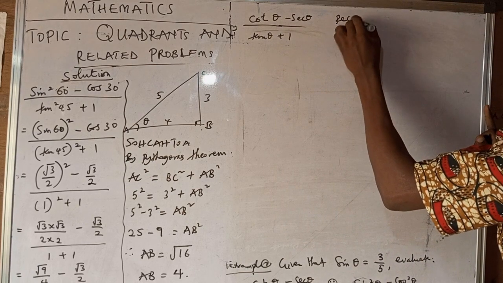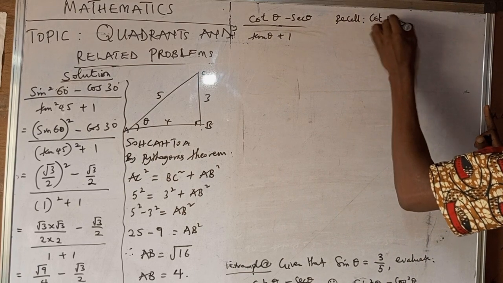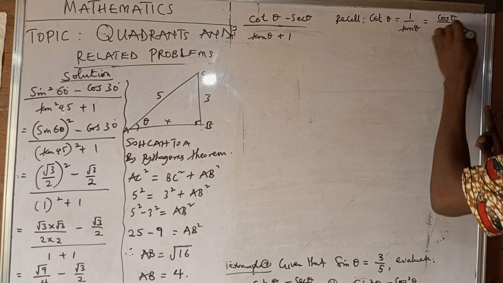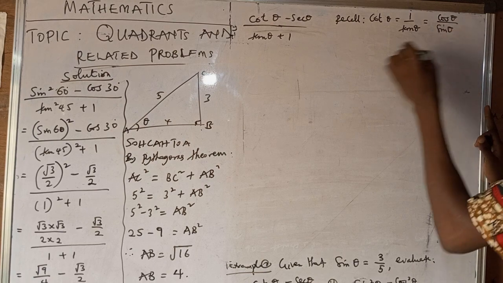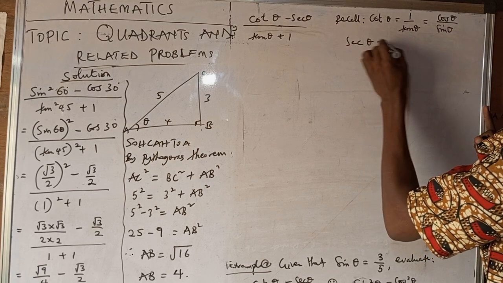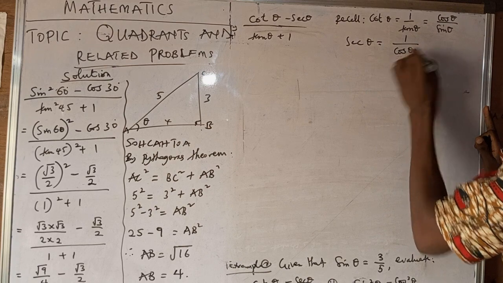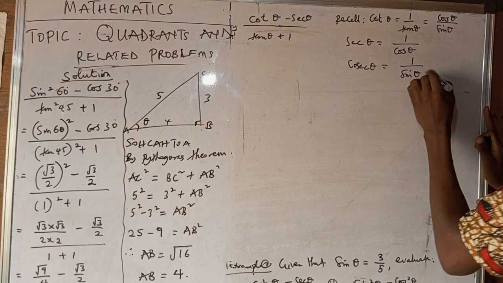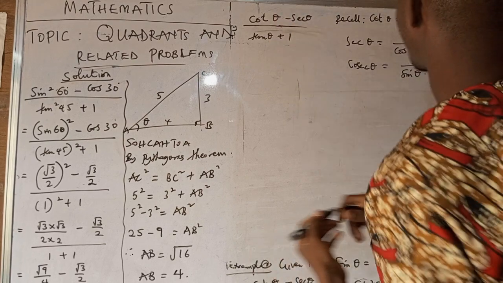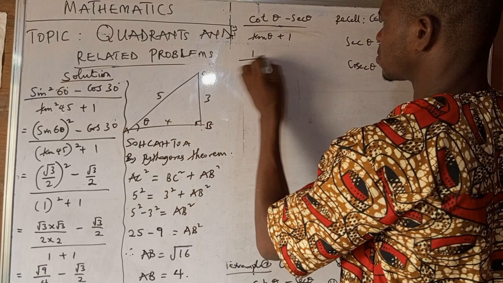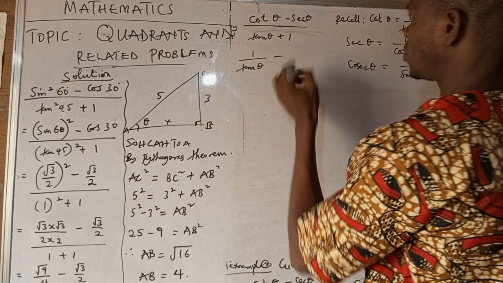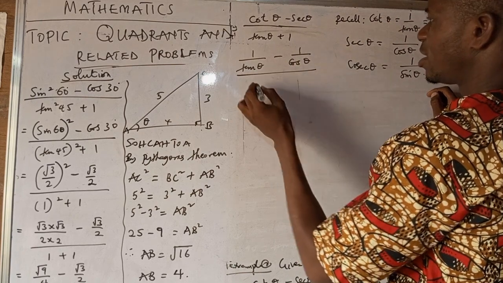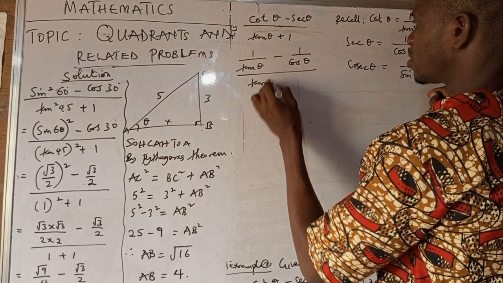Recall quickly that cot theta is the inverse of tan theta, which is cos theta over sin theta. Likewise, sec theta is equal to 1 over cos theta, and cosec theta is equal to 1 over sin theta. With that at the back of your mind, cot theta will be 1 over tan theta, minus sec theta, which is 1 over cos theta, divided by tan theta plus 1.